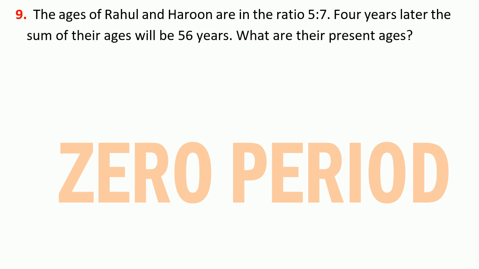Question number 9. Read the question. The ages of Rahul and Harun are in the ratio 5:7. 4 years later, the sum of their ages will be 56 years. What are their present ages? Let their present ages be 5x and 7x.